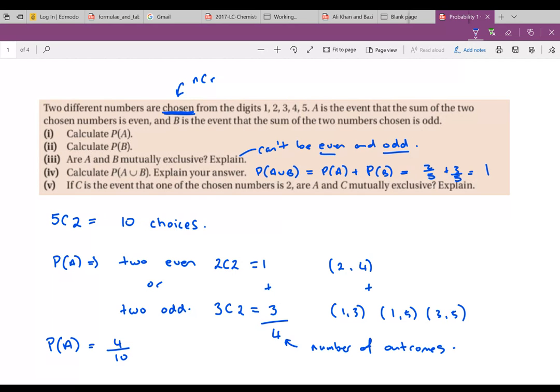Part V requires a little bit more thinking. If C is the event that one of the chosen numbers is 2, are A and C mutually exclusive?